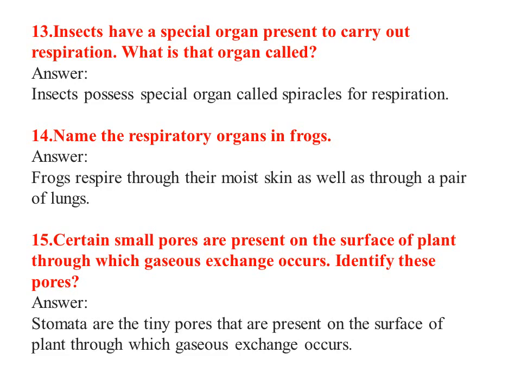They respire through moist skin when they are in water, in the aquatic habitat. Next question, certain small pores are present on the surface of plants through which gaseous exchange occurs. Identify these pores. These are the stomata, tiny pores on the surface of the plant through which gaseous exchange takes place. I hope you understood this.